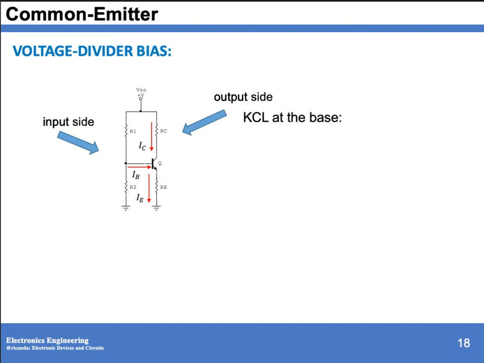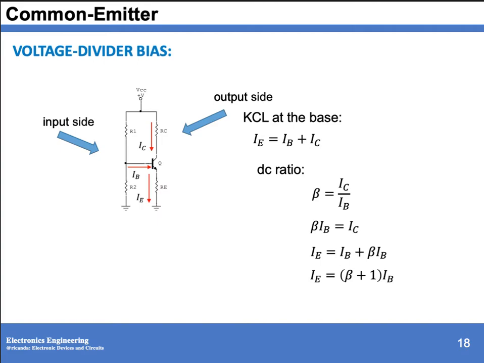We have to get the KCL at the base terminal. So we have IE equals IB plus IC. Remember the ratio if we have a common emitter, that is output over input, or that is equivalent to beta equals IC over IB. Therefore, IC equals beta IB and IE is equal to beta plus 1 IB.